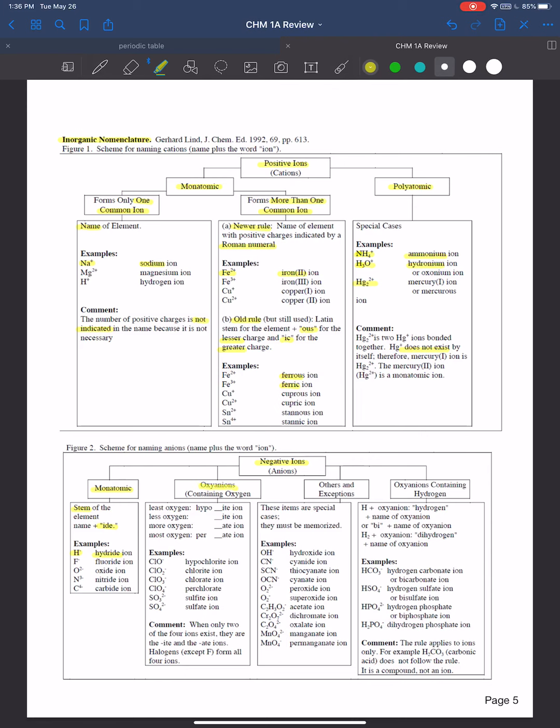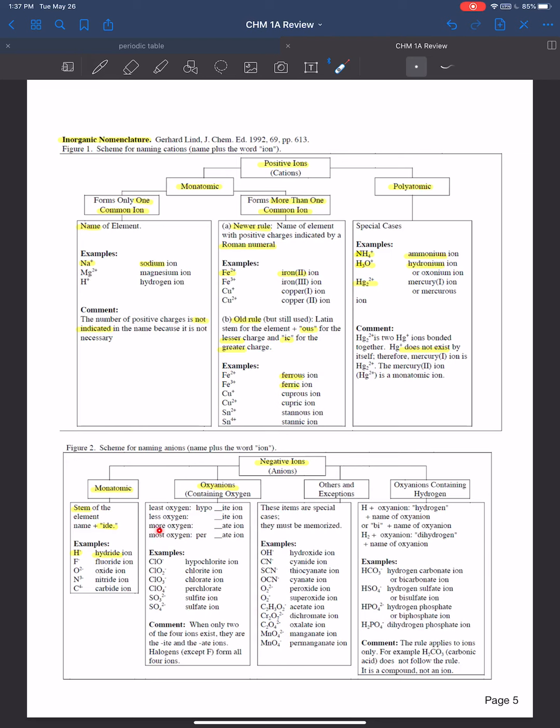Now if you have oxyanions containing oxygen, then the one with the least oxygen gets the prefix hypo- and then the stem of the name plus -ite, for example hypochlorite. If you have more oxygen, then it's the -ite ion, for example the chlorite ion.